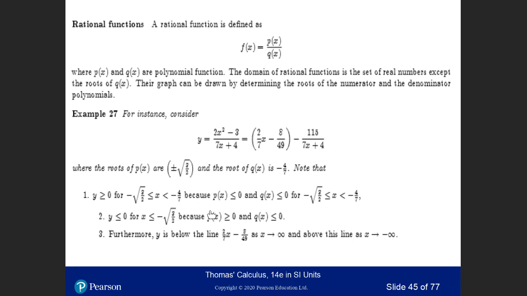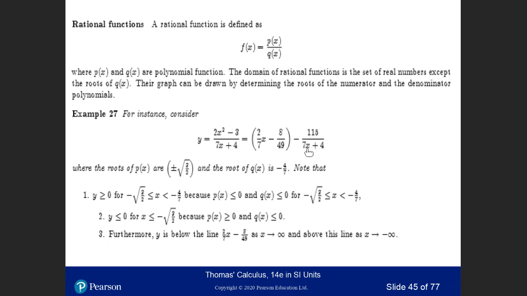Now one more thing you can say about the graph of this function: if x grows too much in the positive part, then this number here becomes smaller and smaller, and your function approaches this line. Your function value is less than this line because you subtract this number from the line.